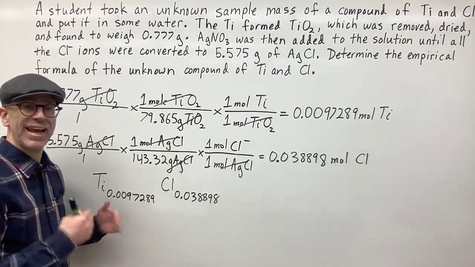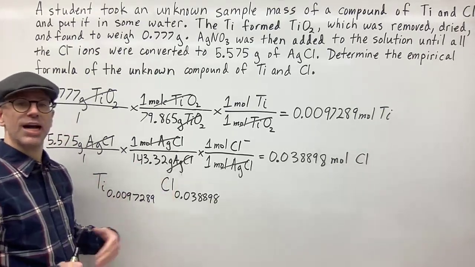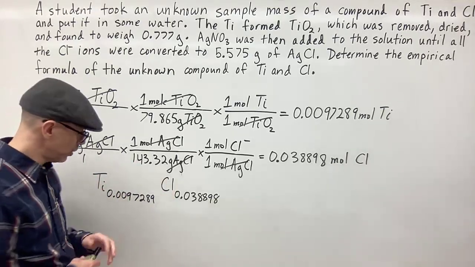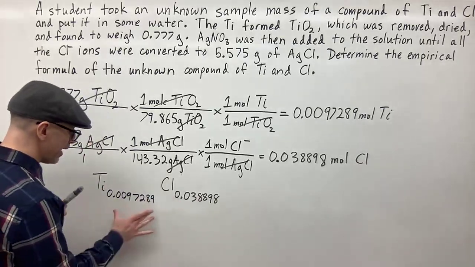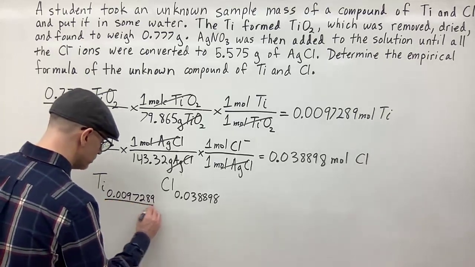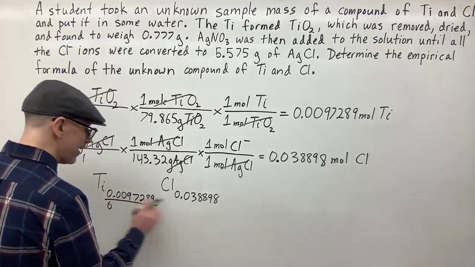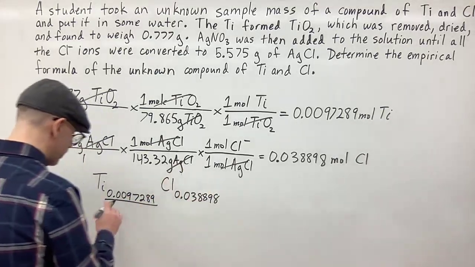So in order to get 1 to something, you've got to divide by the smallest number. So this one's smaller than this one. So if I divide this by this one, I'll get 1, right? And if I divide this by the smallest number, I'll get a number greater than 1, right?